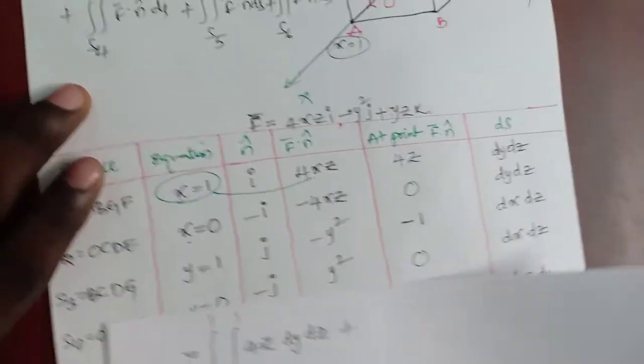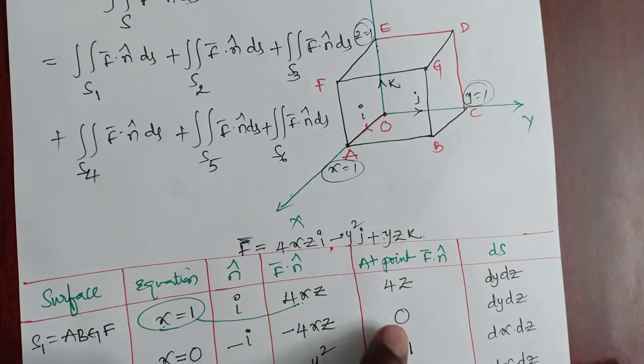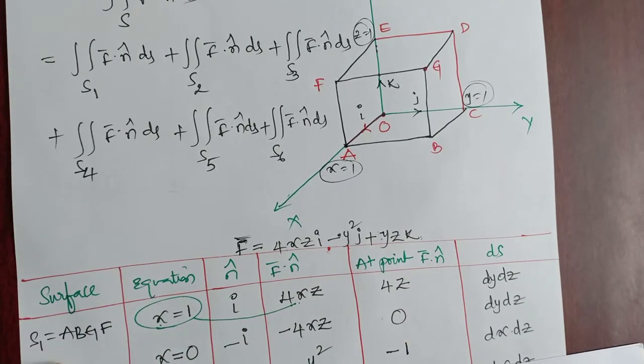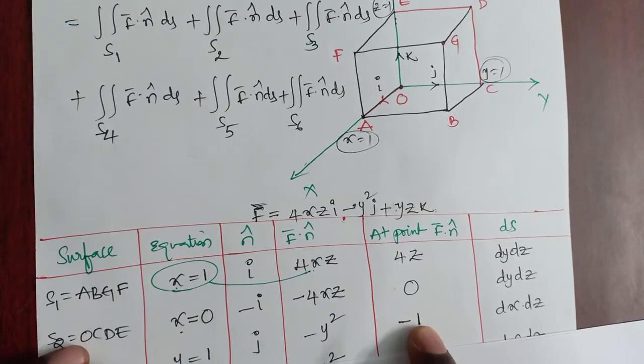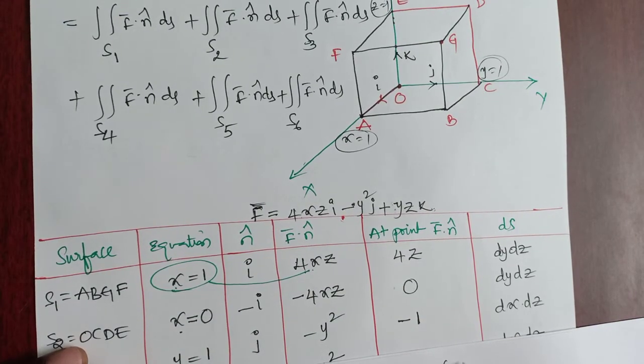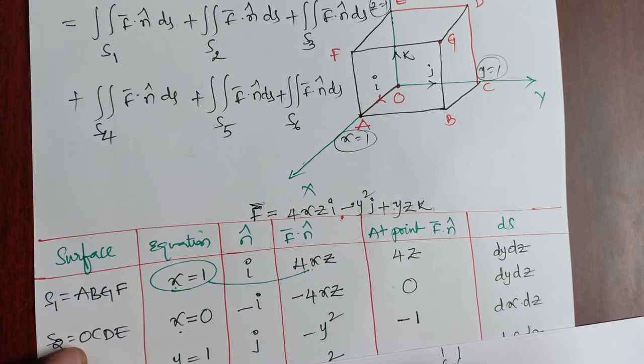Plus, now coming to the second surface S2, which is 0, so no need to take any value. Plus the third surface, which gives a negative result, so minus the double integral 0 to 1, 0 to 1. For the third surface, it is minus 1, dx dz.